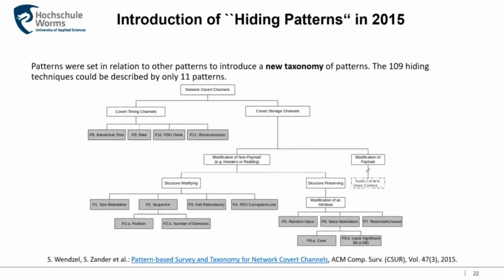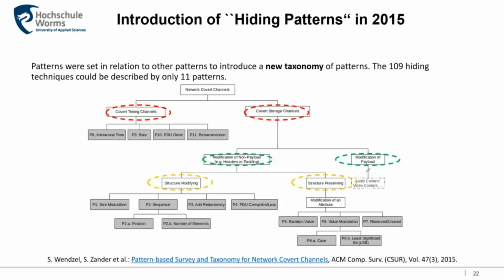So the original taxonomy, just to give you a brief overview. I don't want to go into all the details. It's also not important at this point, but the idea was to have some major categories. Either it's a covert storage or timing channel, that's some traditional distinction. And then you have some modification of payload or non-payload.